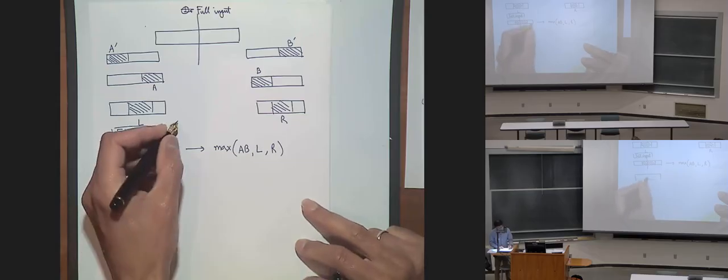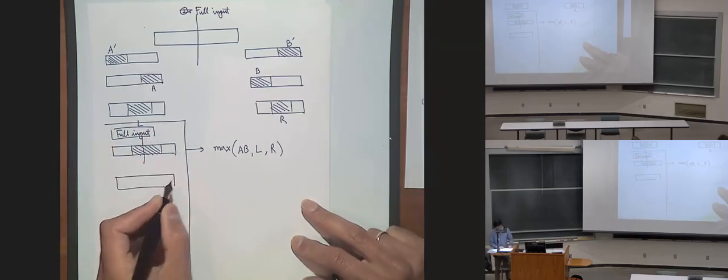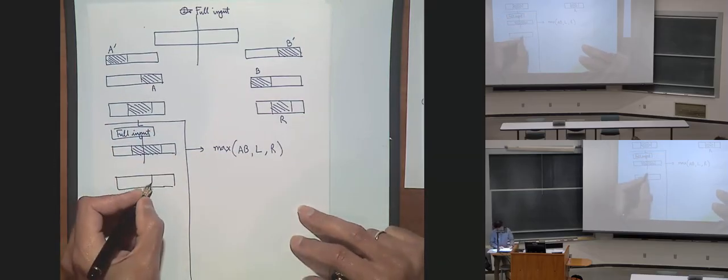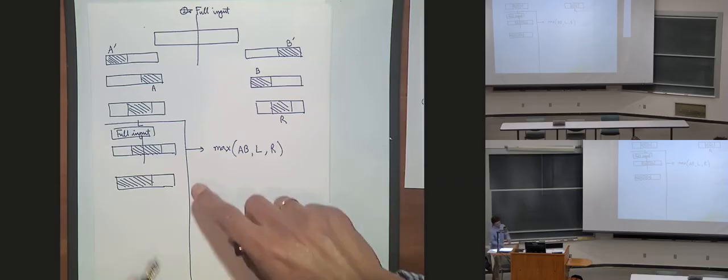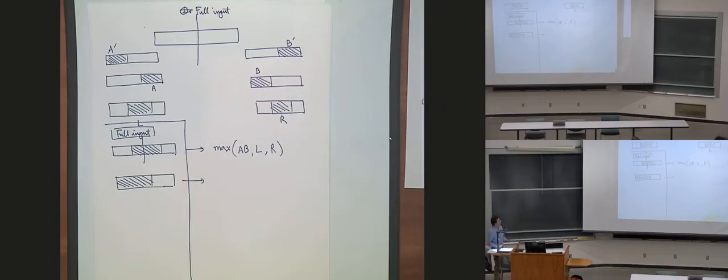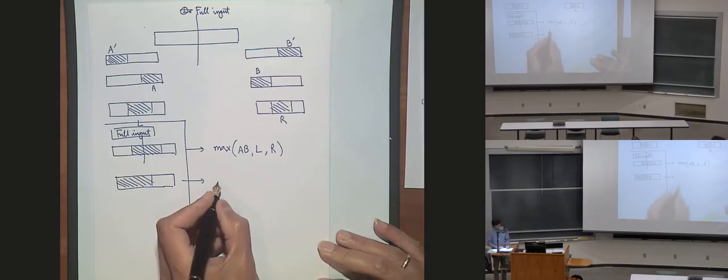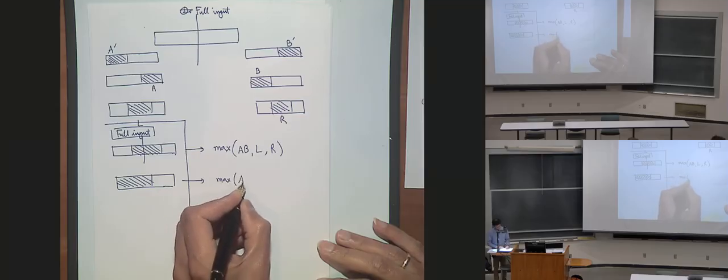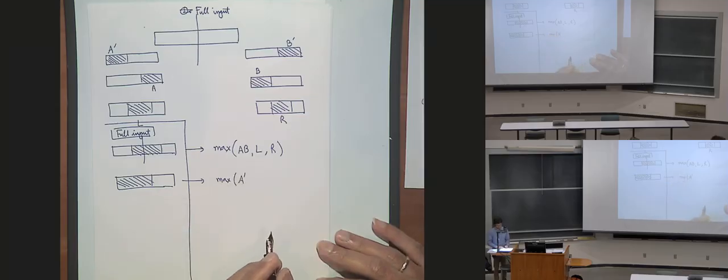Again, we're looking at the full input here. If I want to get the max of this kind, because this procedure has to return all these 3, what do I need? Max is A prime and potentially A prime B if A prime is the entire.